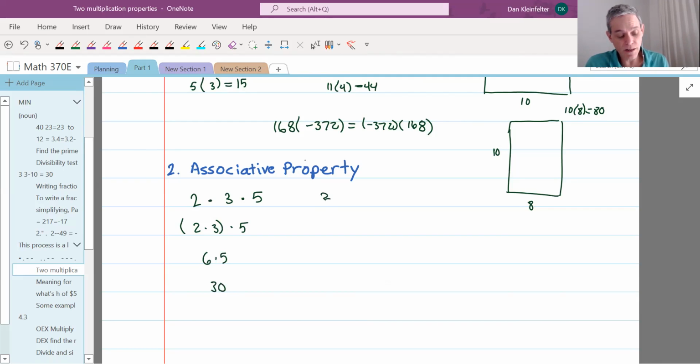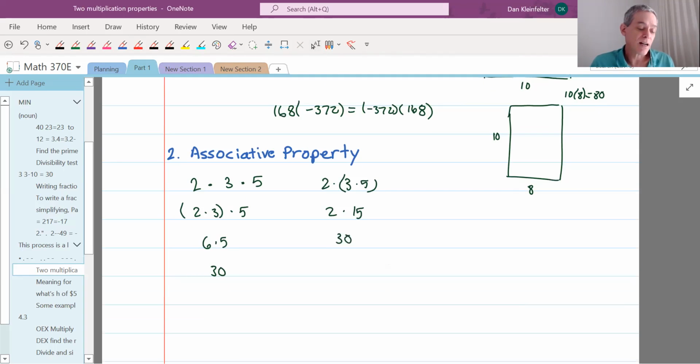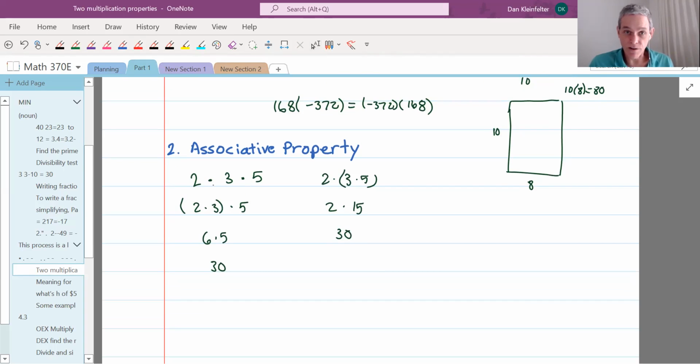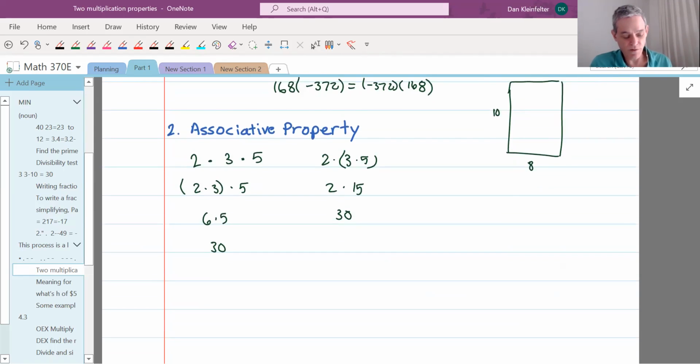Or you can do the 3 times 5 first. 3 times 5 is 15, and 2 times 15 is going to be 30. If you have a calculation to do and it's just multiplications like this, it doesn't matter which multiplication you do first.